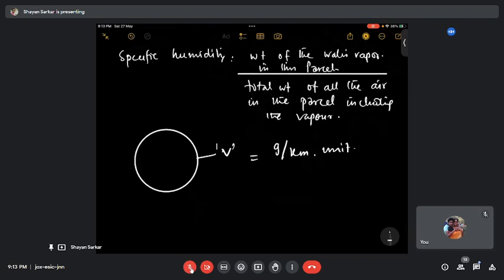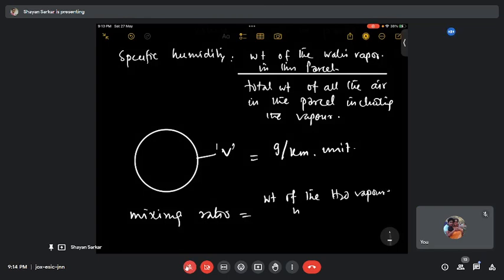Another terminology used is called mixing ratio. This is another ratio. It compares the weight of the water vapor in the parcel with the weight of the remaining dry air.